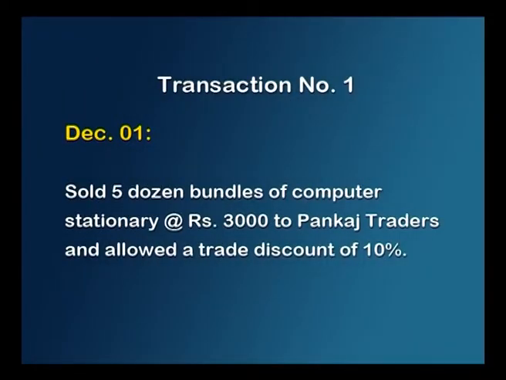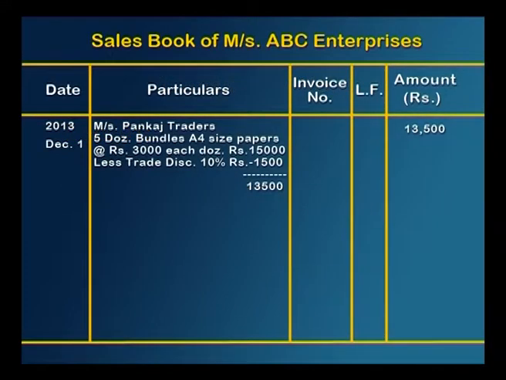The first transaction, selling bundles of computer stationery, is a credit transaction, so it will be recorded in the books of accounts. So, the sales book's first entry is for this transaction. Date, December 1, is mentioned in the date column.